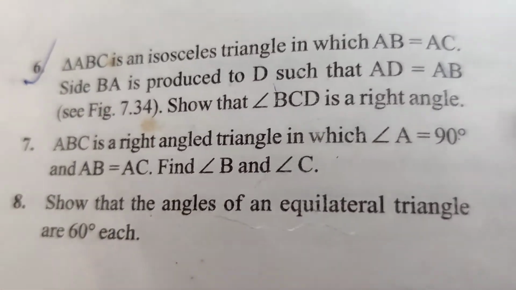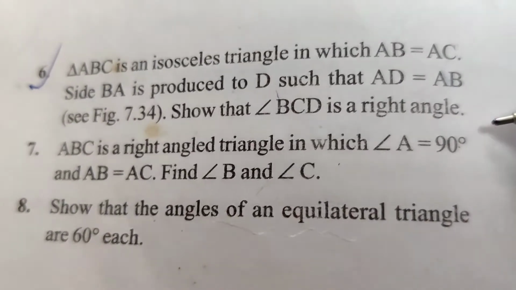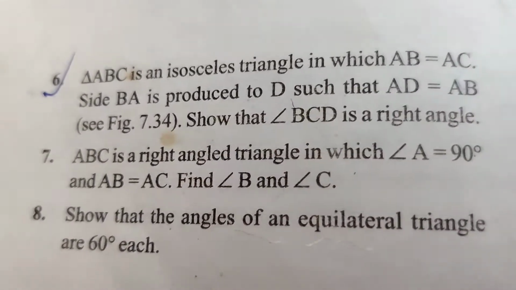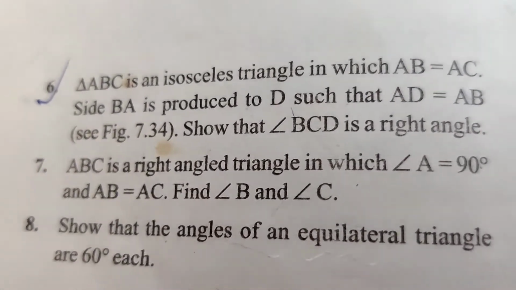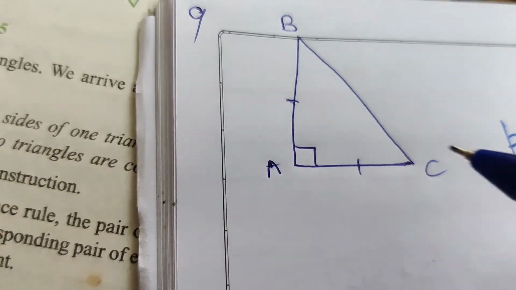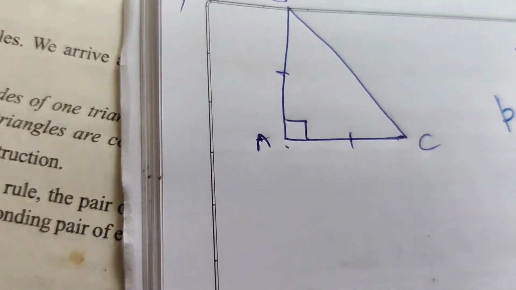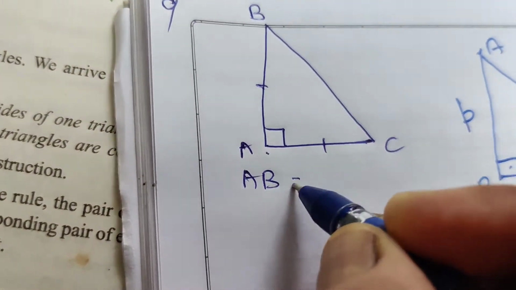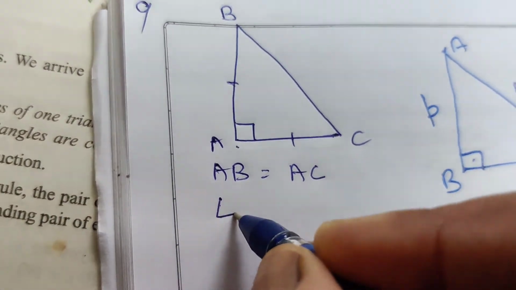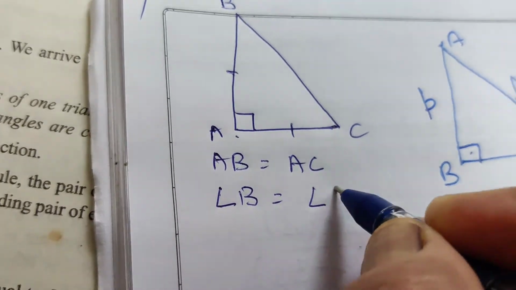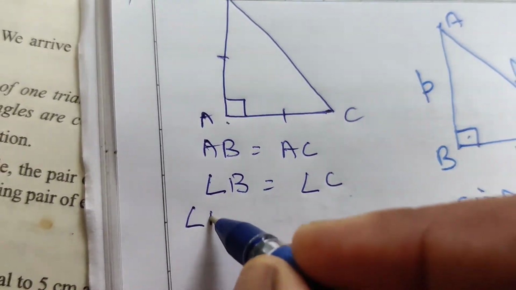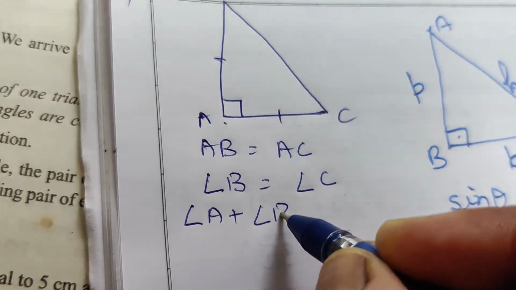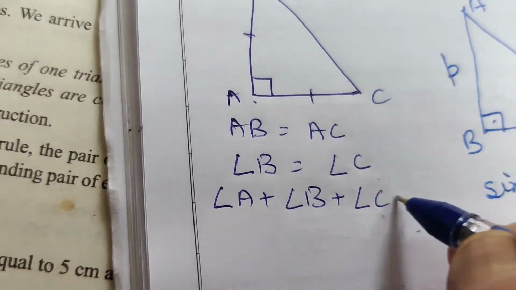Question number 7. ABC is a right angle triangle in which angle A equal to 90 degree and AB equal to AC. Find angle B and angle C. If AB equal to AC, then angle B equal to angle C. Now angle A plus B plus C equal to 180 degree.